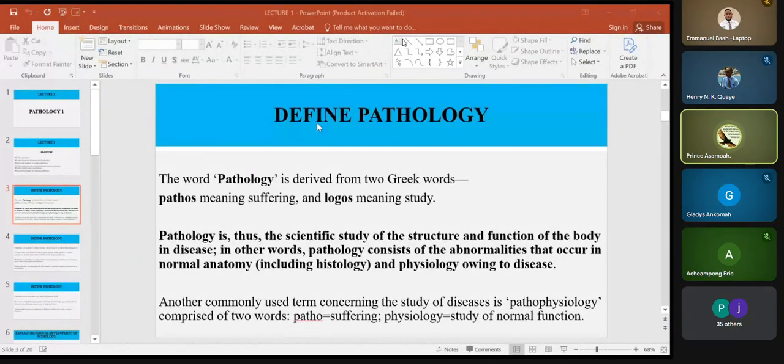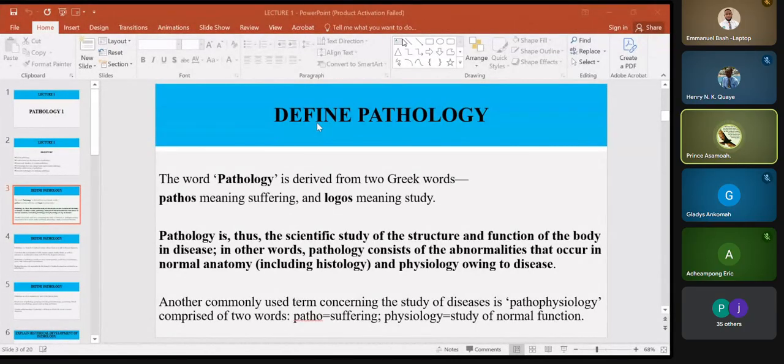So we say pathology is a scientific study of the structure and function of the body in disease. Notice this: in anatomy, you look at the scientific study of the structure. In physiology, you look at the scientific study of the function of that structure.